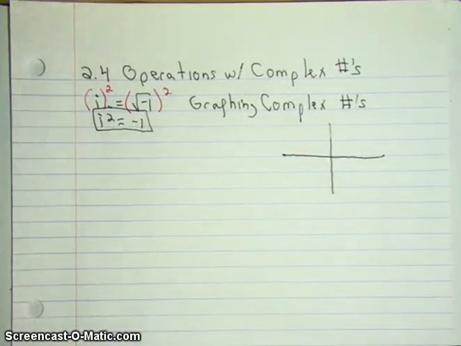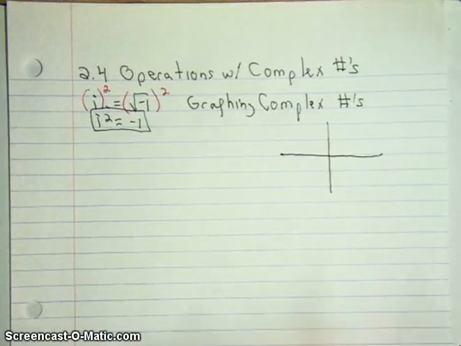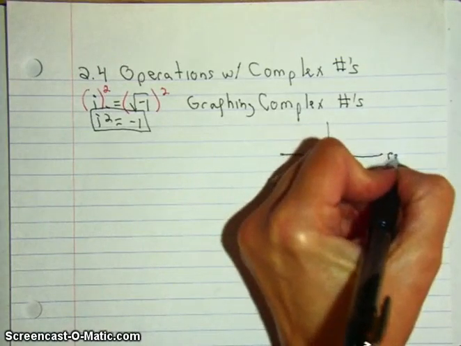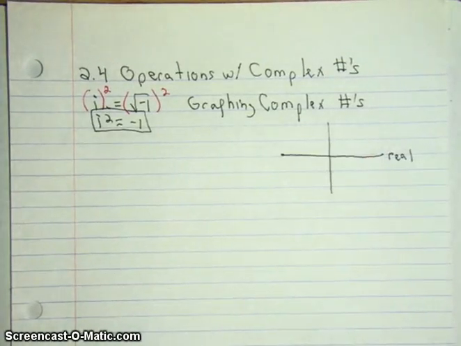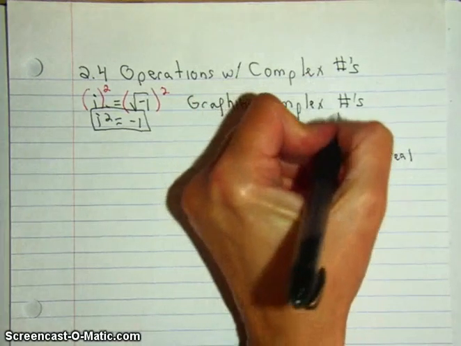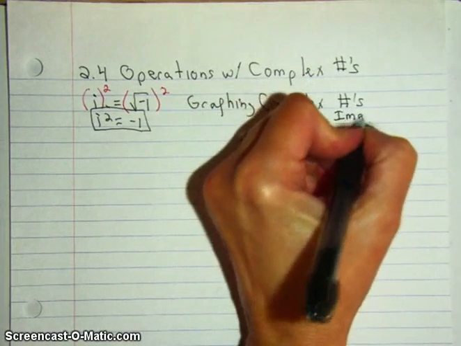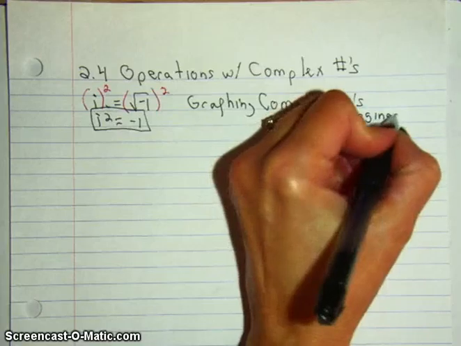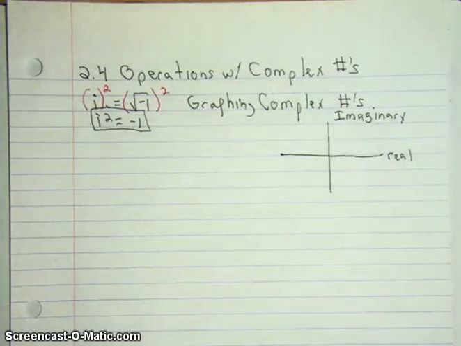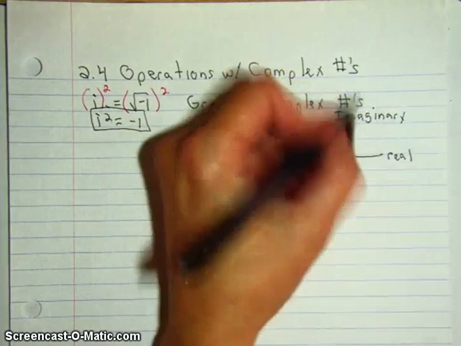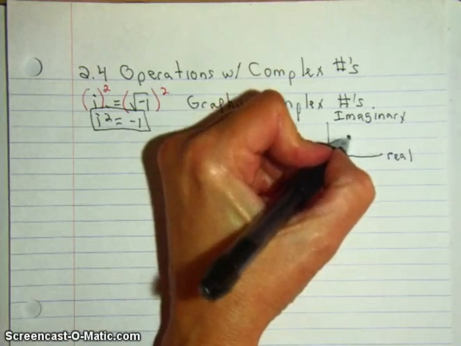On a complex coordinate plane, the x-axis is called the real axis, so that's where the real part goes. The y-axis is called the imaginary axis, so that's where the imaginary part of the complex number goes. Okay? So let's say we plot a point right here.